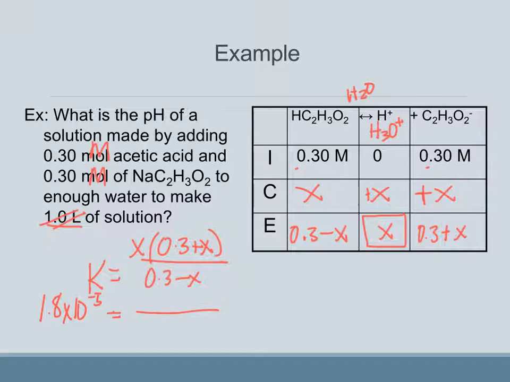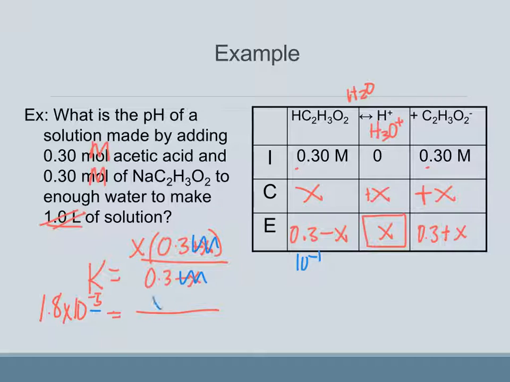Now we know that at this point, doing the quadratic expression is not something we typically like to do. So let's look at our values. We have 0.3, which is an exponent of 10 to the negative 1, and our Ka is 10 to the negative 5. They're far enough apart that we're able to make the assumption that both of these x's will go away, because they're so small that they're not going to make a great deal of difference in our concentration of 0.3.